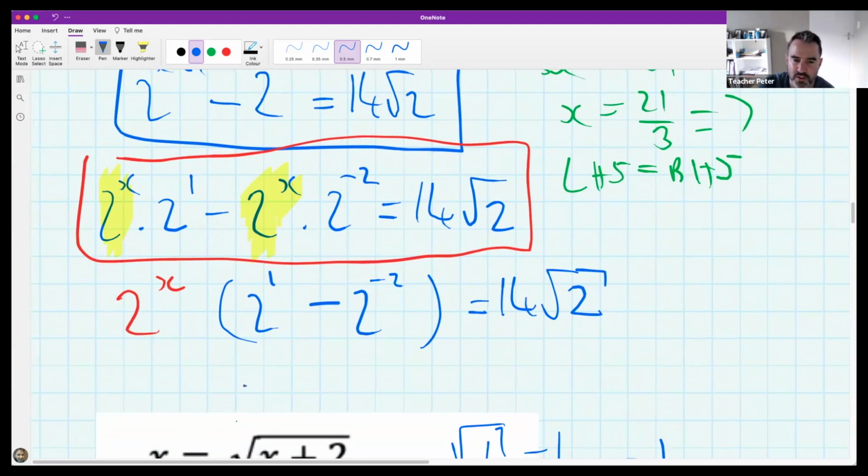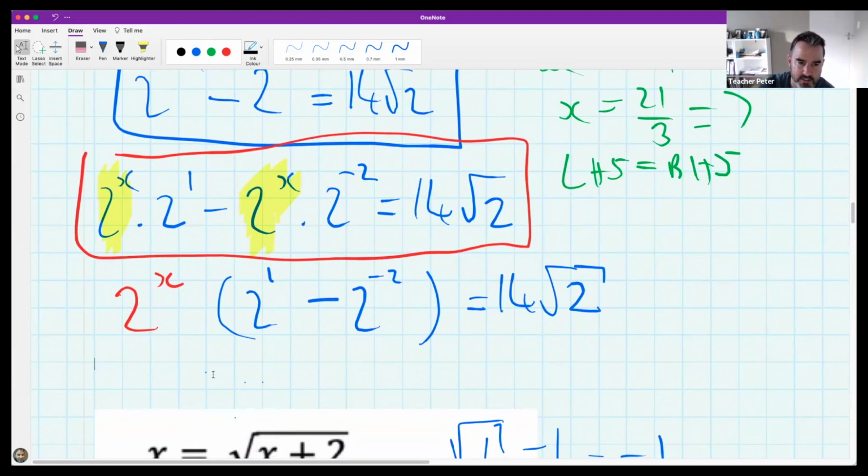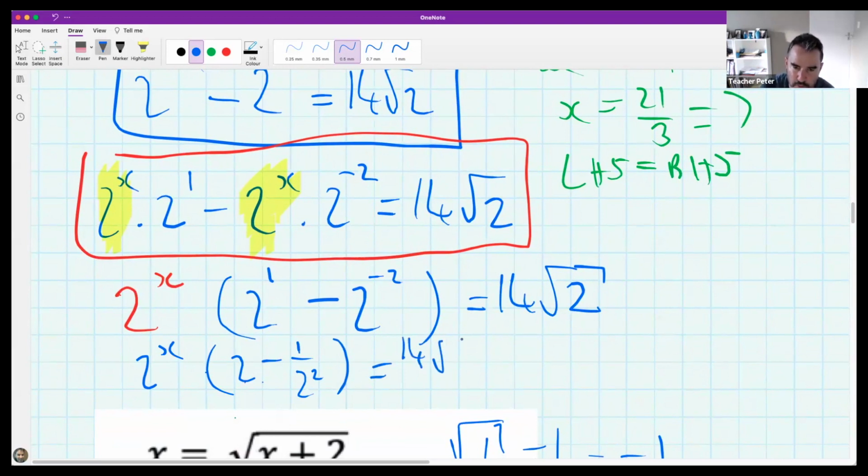Now, these questions typically say you can't use your calculator. You have to show working, right? So let's see what we can do here. I think that this is just 2 over 1 over 2 squared. And this is still 14 root 2.